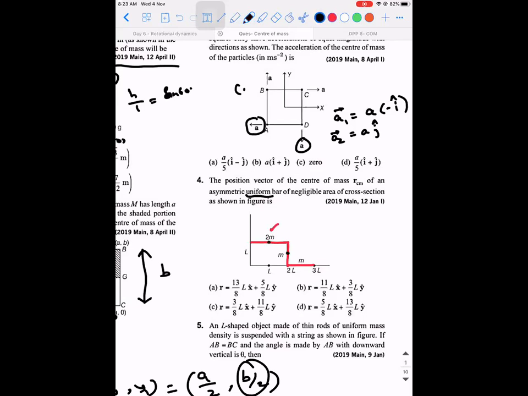For m, consider its center of mass. And for the remaining m as well, consider its center of mass. Write down their coordinates in terms of x and y. Once you write the coordinates, apply the formula, then write the r vector. So you'll get the x coordinate and y coordinate. Let's say the x coordinate is coming out as a, the y coordinate as b. Then the r vector will be a i cap plus b j cap. Instead of i cap and j cap, they will be x cap and y cap. Guys, am I clear with this? I hope that part you can do.